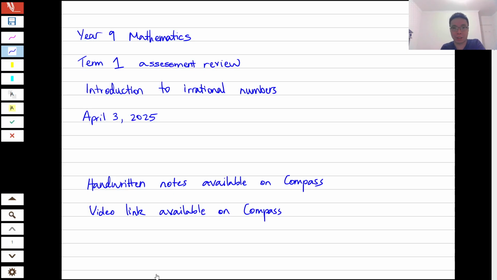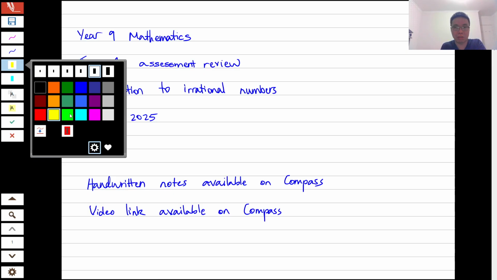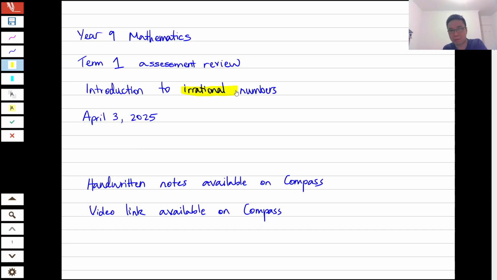So in this video, what I would like to do is introduce you to something called irrational numbers. I know that name sounds strange. It's actually a really nice follow-on from the work that we've just done on indices. And you might never come back to the study of irrational numbers, depending on which maths class you go to next year.